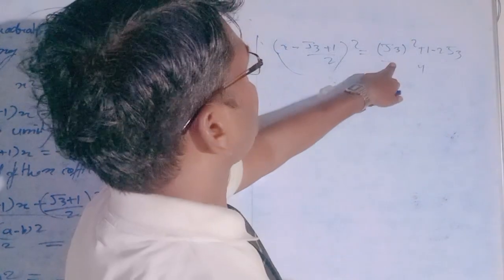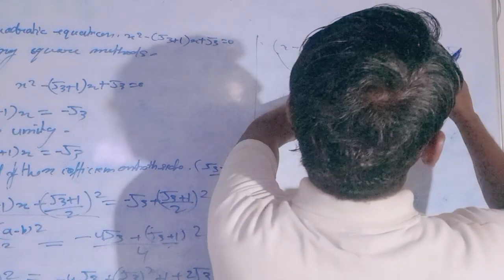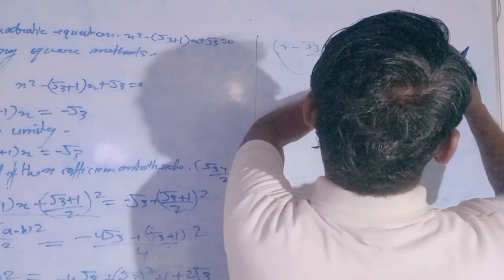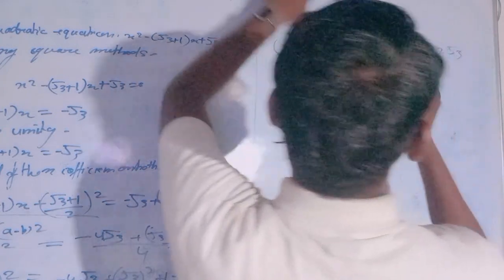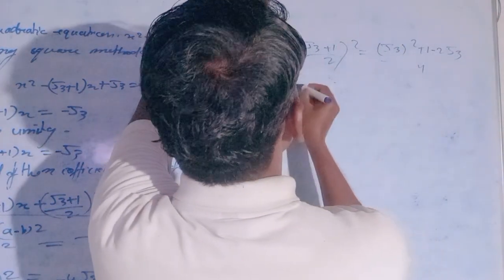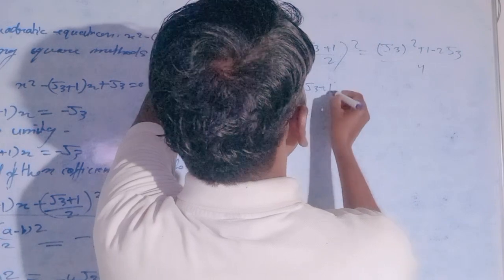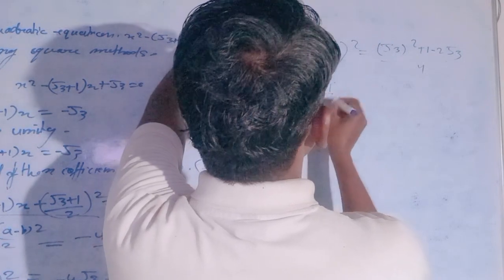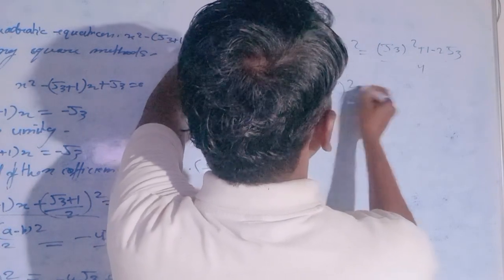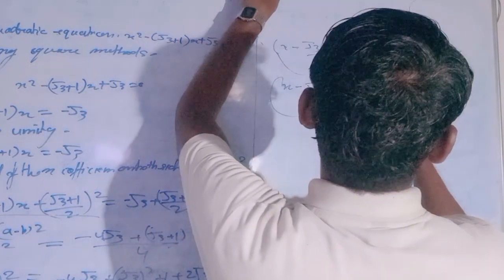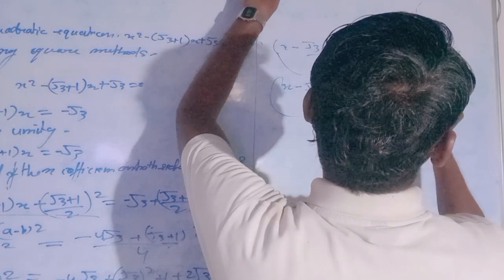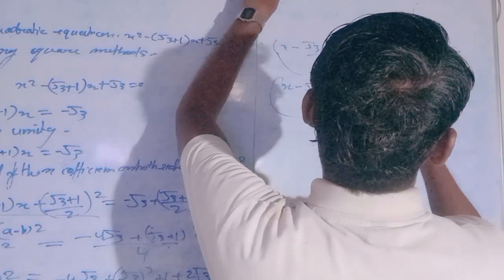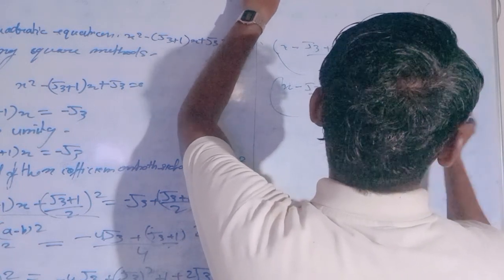We can write these equations as a² + b², (a+b)², (a-b)². So (x - (√3+1)/2)² is equal to (√3 - 2√3)² by 4.